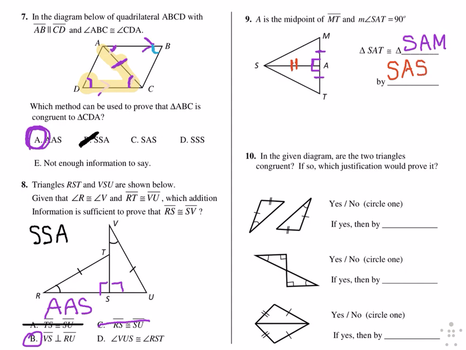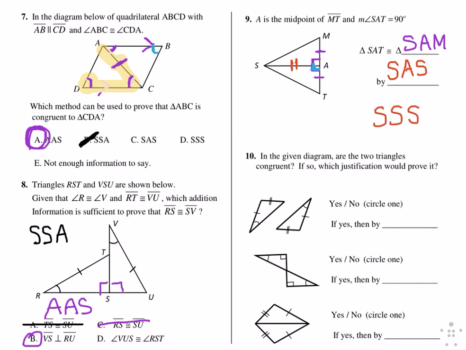Now the other way, you could argue that you could use side, side, side as the answer, because here, if we know that we have a 90-degree angle, then we could use the Pythagorean theorem.